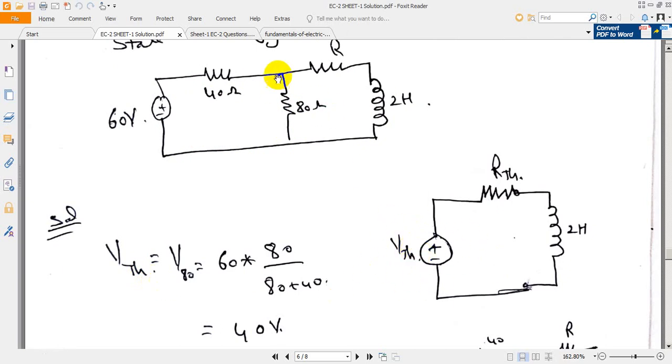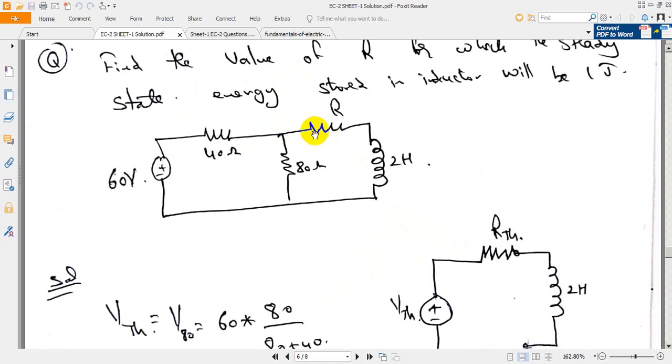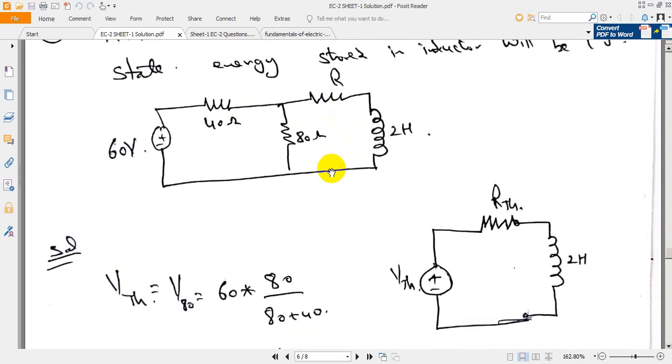VTH is equal to the voltage across this. Voltage is divided here, right? Under steady state condition, what happens? It gets shorted. If you check this circuit, VThevenin is equal to the open circuit voltage across this.